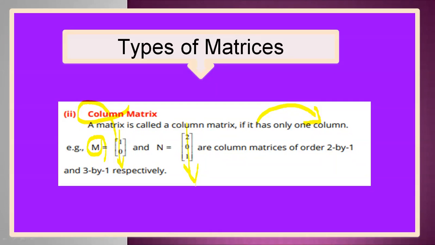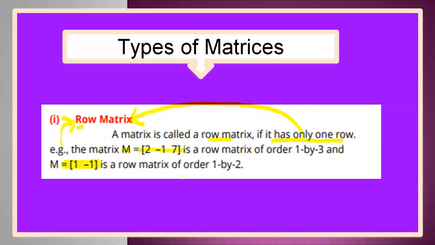It means I have only one vertical line. That's why it's called a column matrix. While the number of rows may be several, we are not considering rows. The uniqueness here is only one column, while in the row matrix, only one row.